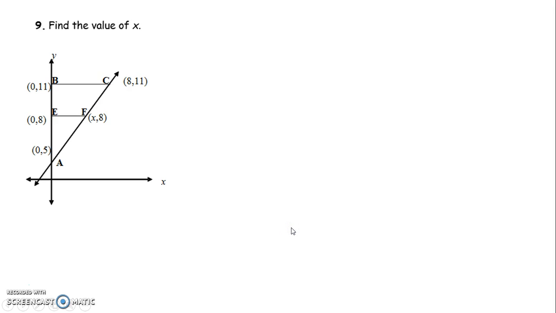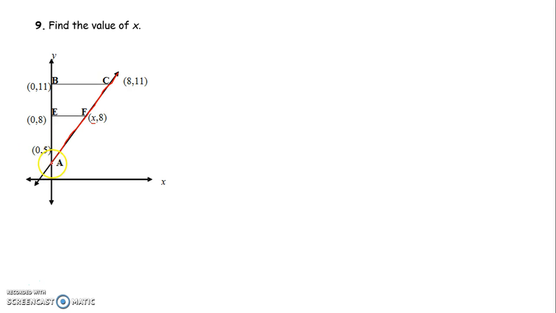All right, let's take a look at number 9. It says find the value of x. All righty. We're looking for that x value right there. If I look here, because this is all one line, I know the slope of that line will match.